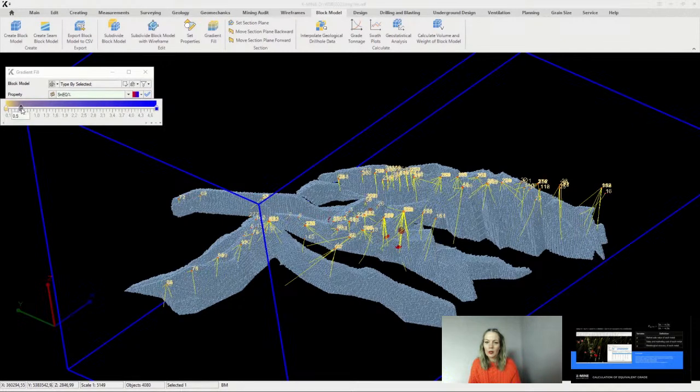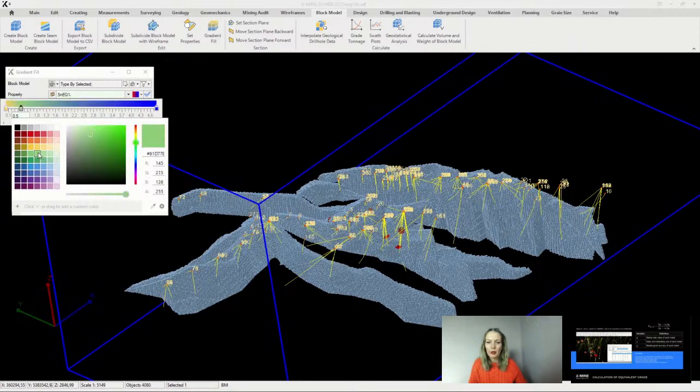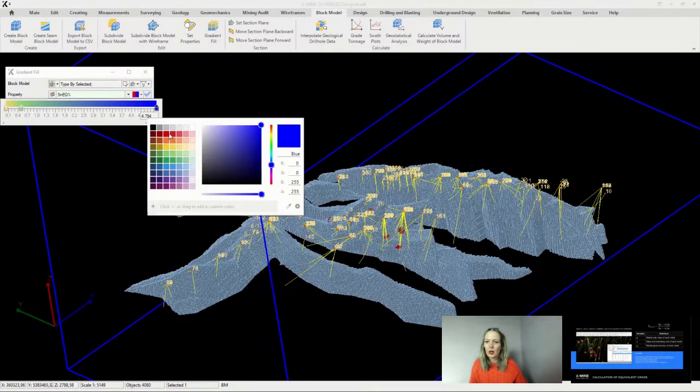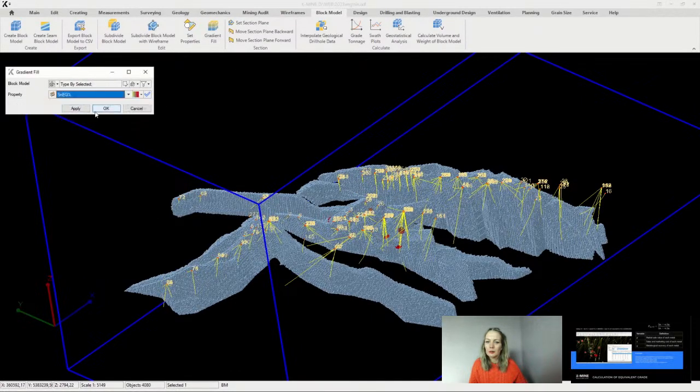All right, so now you can see the variation in grades within the blocks, and you can identify regions with higher grade ore bodies.